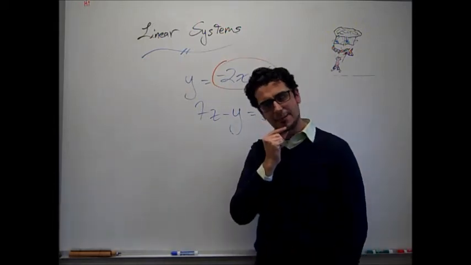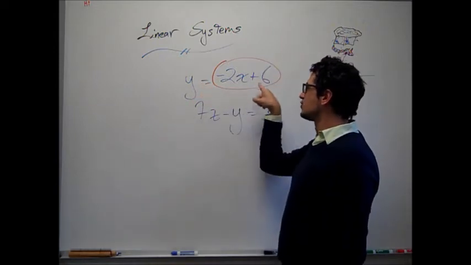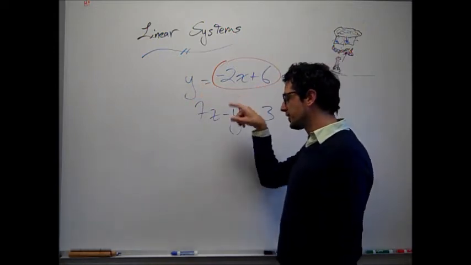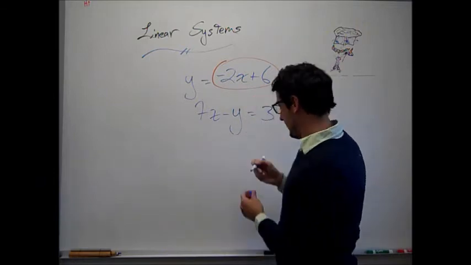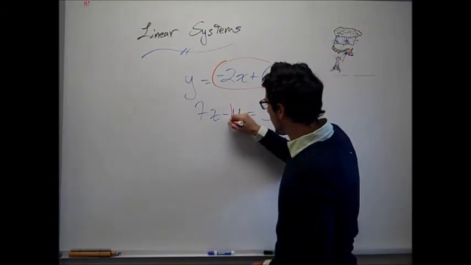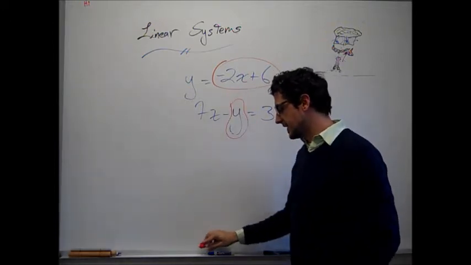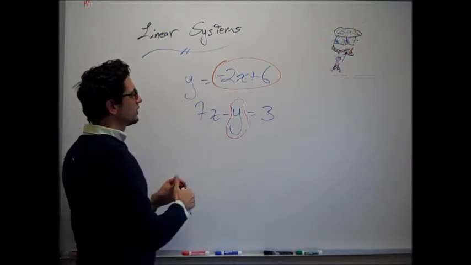So if I know y equals negative 2x plus 6, I could actually replace this y with the value of y here, negative 2x plus 6. Let's take a look at what that would look like.